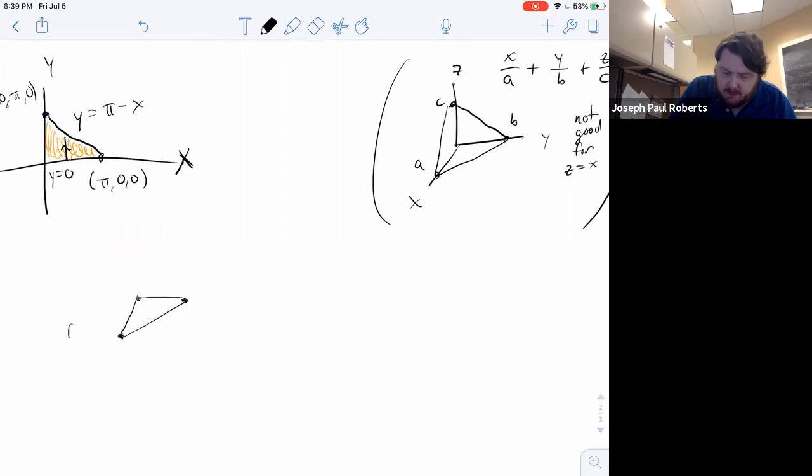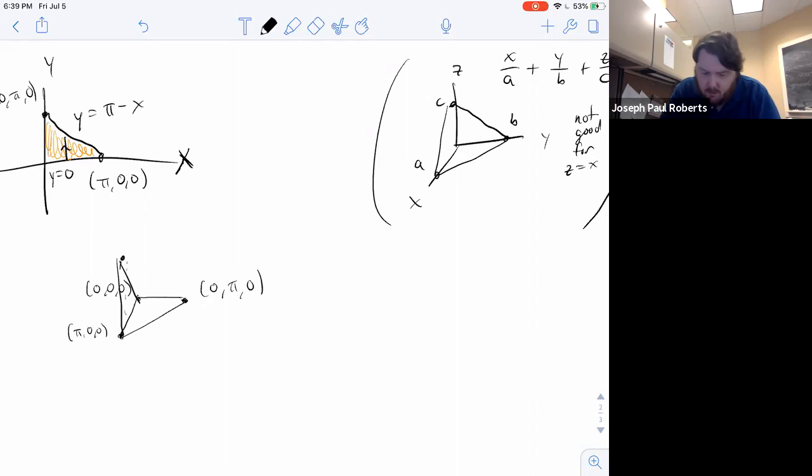How's this going to look? If this is pi, 0, 0, that's there. This is 0, 0, 0. This is 0, pi, 0. And so the plane z equals x is sort of coming out of this y-axis here, and means that, let's see if I can find it. Basically, oh no, that's not right.